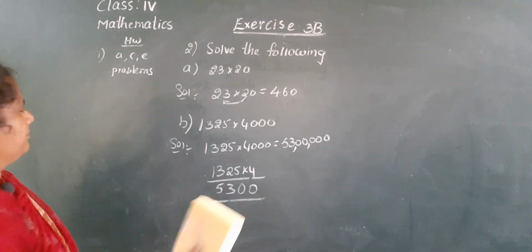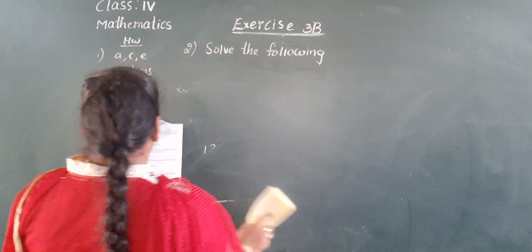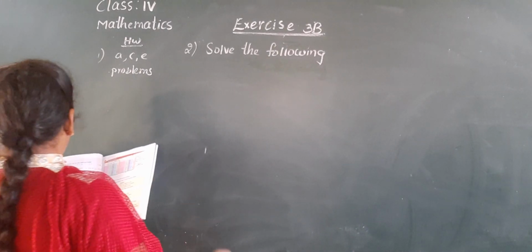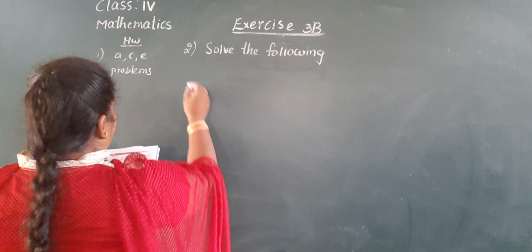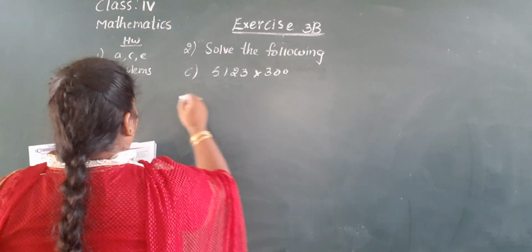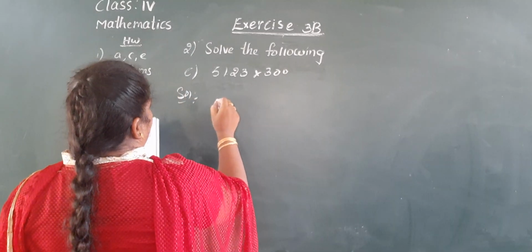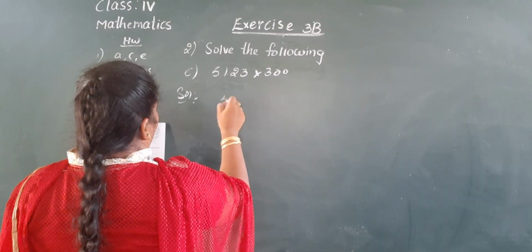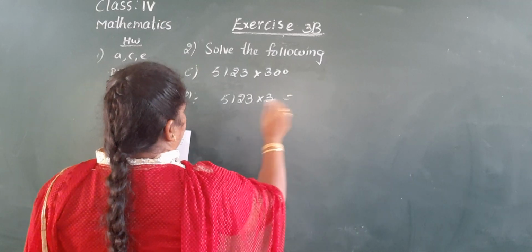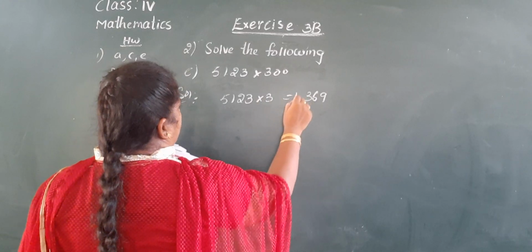Now, next problem. 5123 into 300. See, ma? First we multiply. So write first 5123 into 3. So answer: 3 3s are 9, 3 2s are 6, 3 1s are 3, 3 5s are 15.